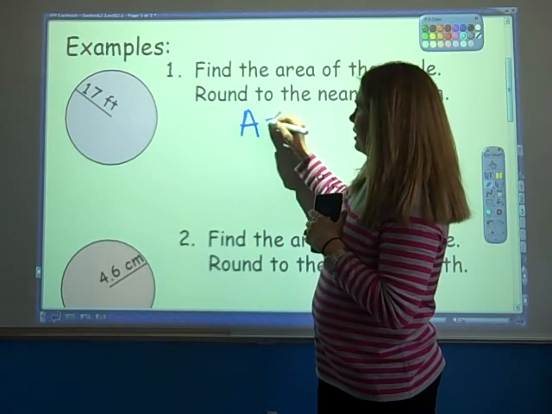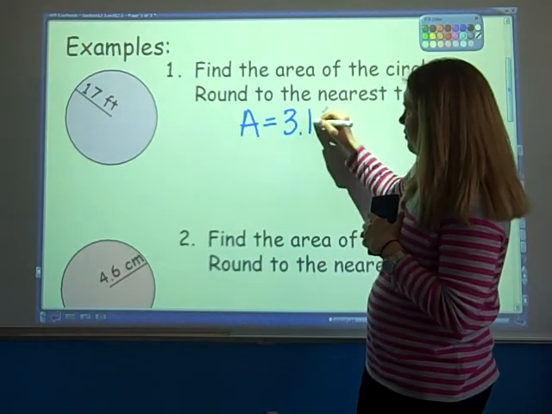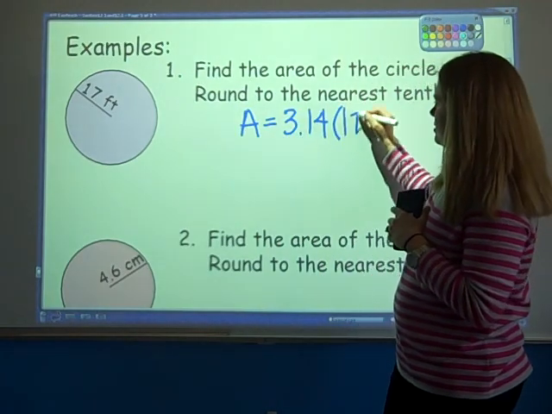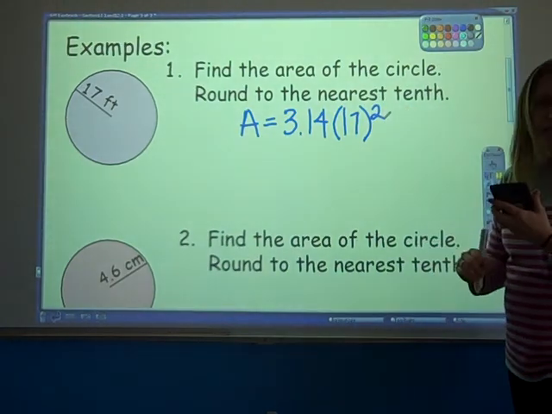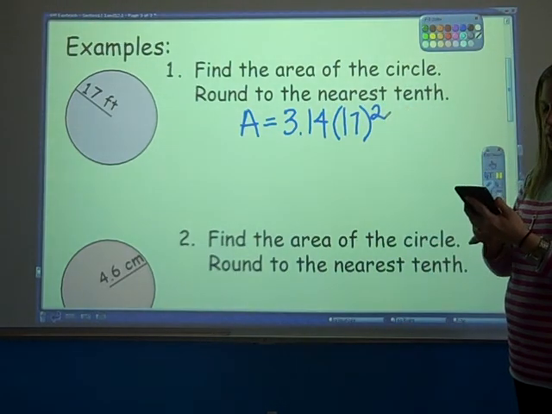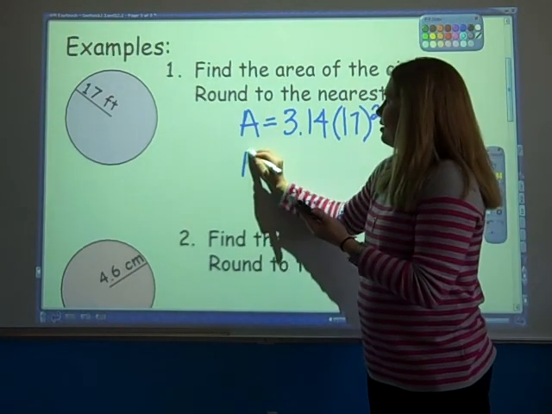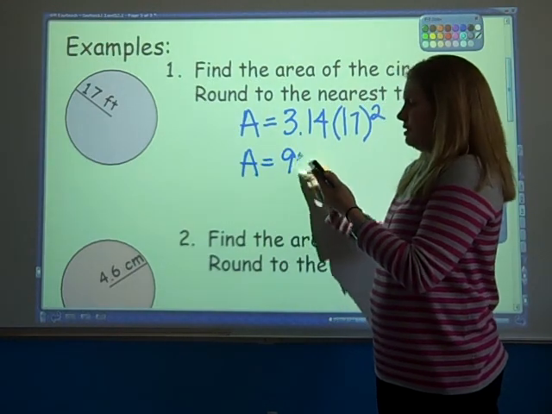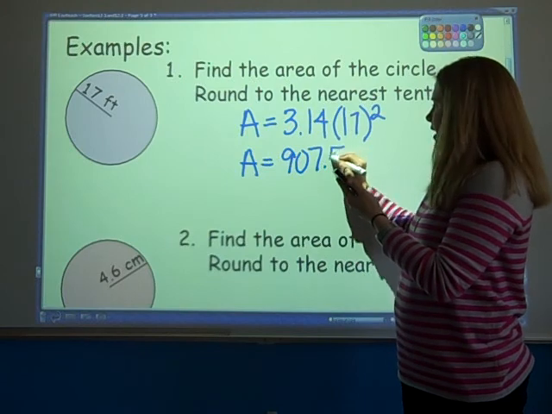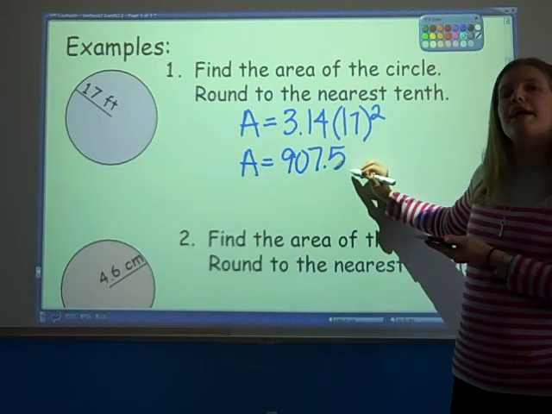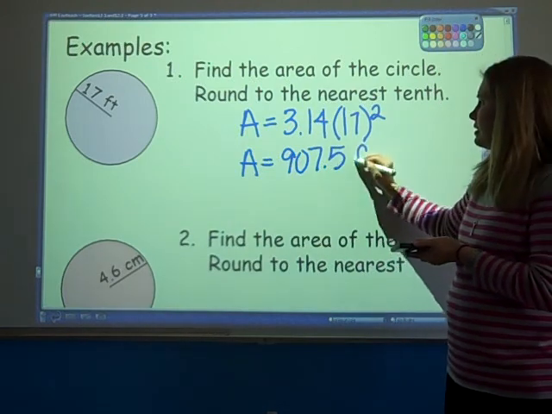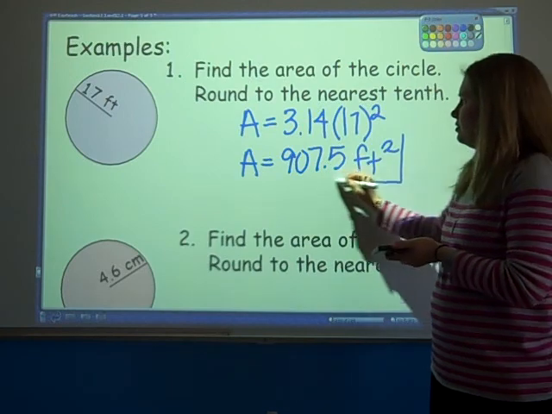So we do area equals pi, 3.14, times the radius, 17 squared. 17 squared times 3.14. My area equals 907.5. Our units for area will always be squared, feet squared.